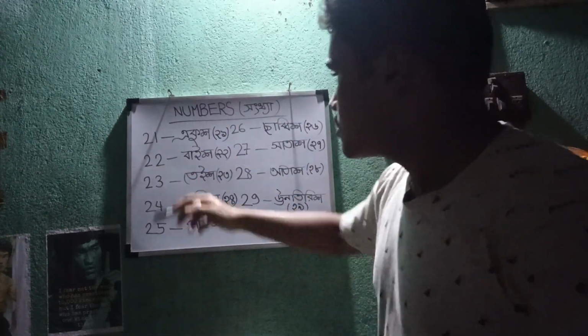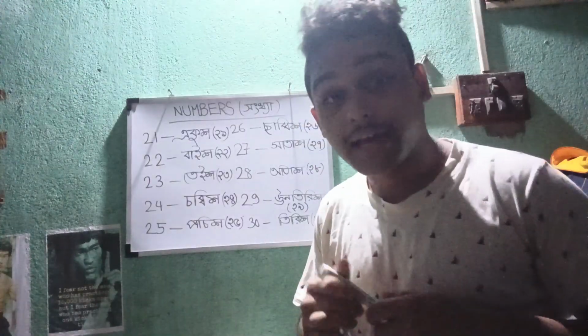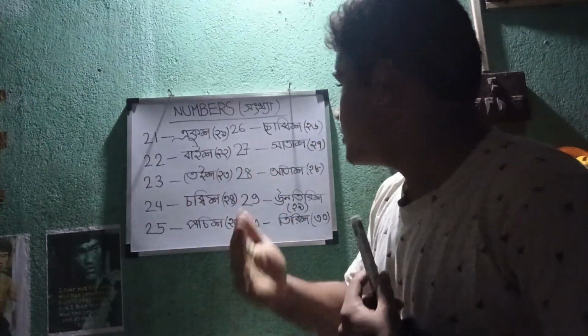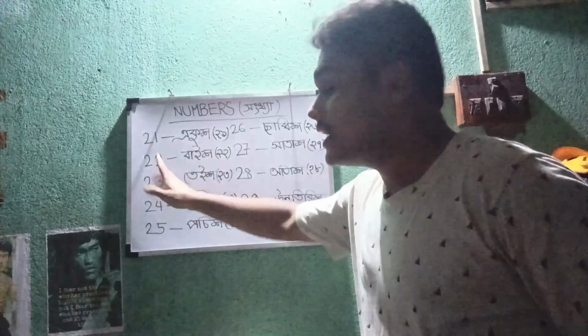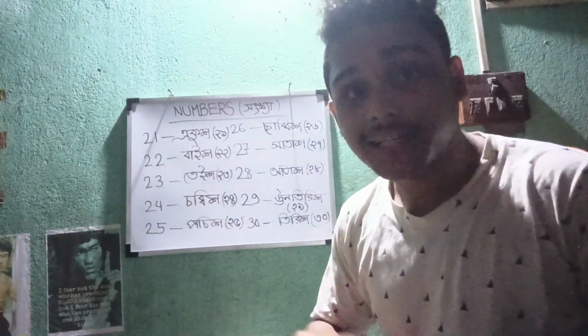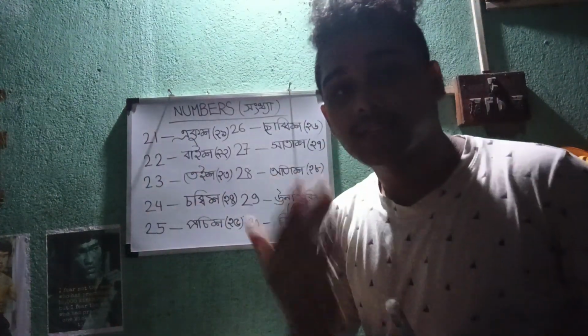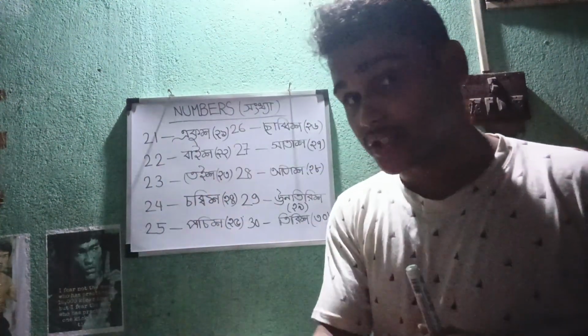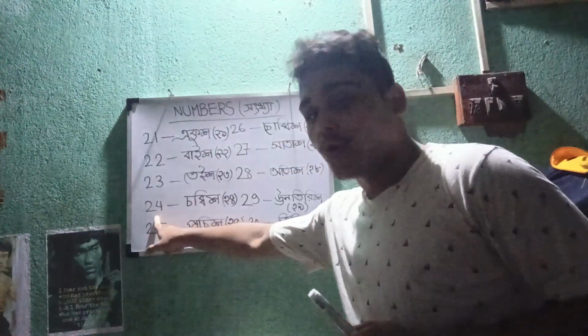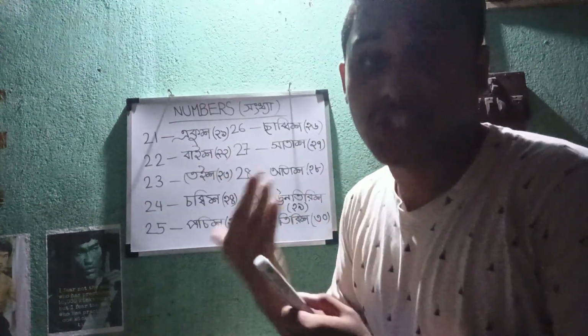So 21 means ekush. 22 means baish. 23 means teish. 24 means chobbish.